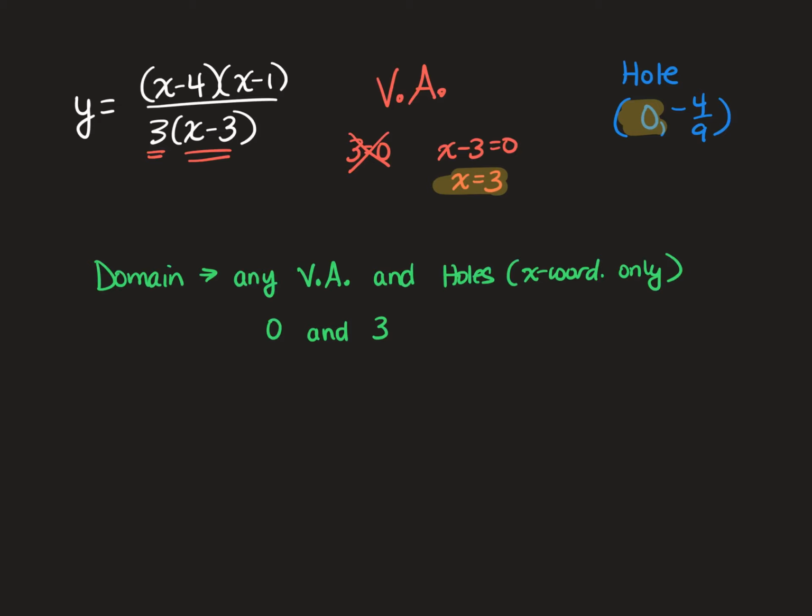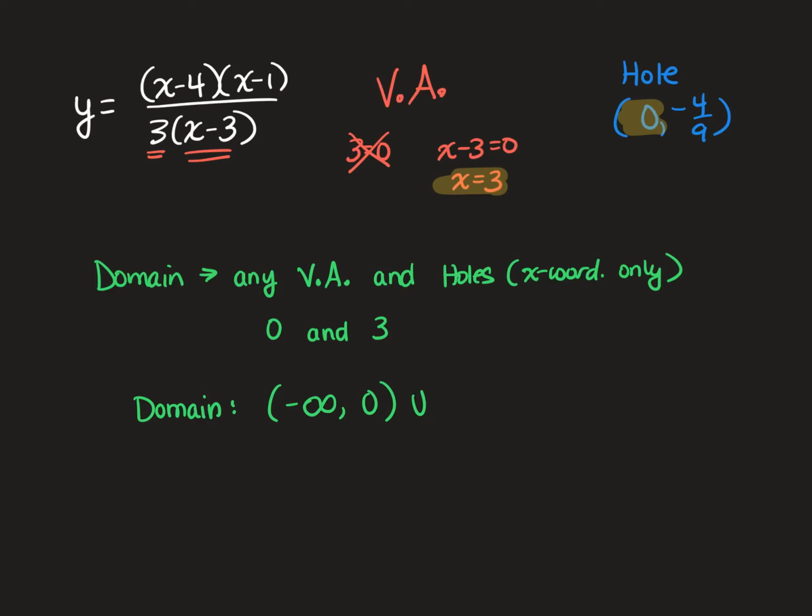When I go to start writing the domain, I always start out the same way. I start from negative infinity, and I say, okay, everything is good until I hit that first undefined value. That undefined value is either going to be from a hole or from a vertical asymptote. The first one I come across is 0.